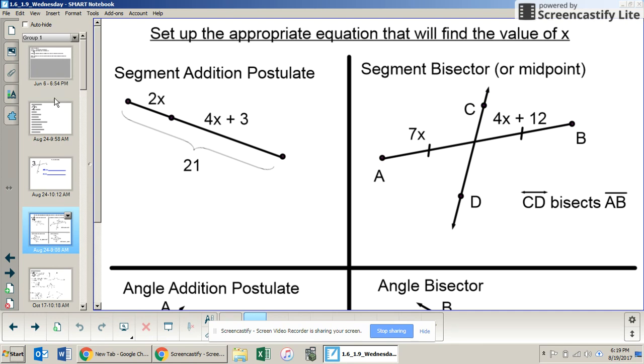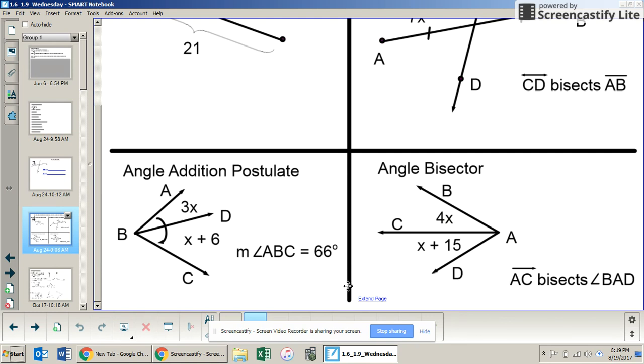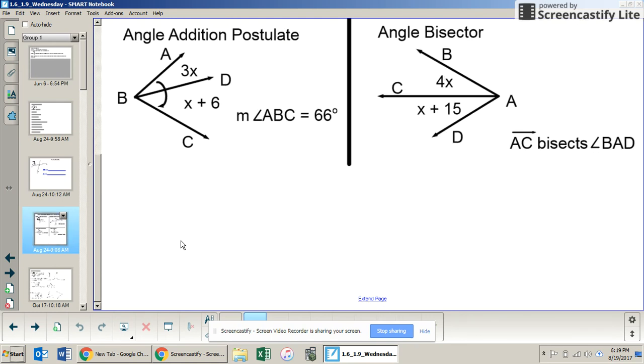since a bisector divides a segment into two equal parts. As we have seen with segments, we also know the same to be true with angles. So here on the left side we have the angle addition postulate, and on the right side we have an angle bisector. In angle addition postulate, we know that one part of this angle is marked as 3x, another part is marked as x plus 6, and the total is 66.